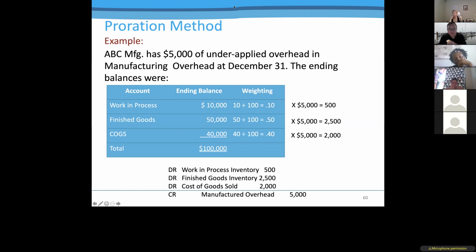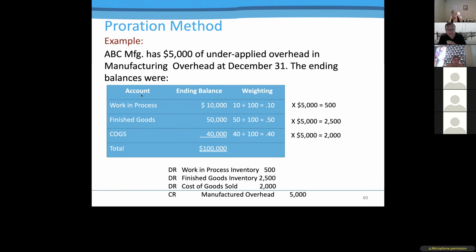No. So how did you get 10, 50, 40? 10, 50, 40. Okay. So here are the 3 accounts, right? Work in process, finished goods, and cost of goods sold. And at the end of the accounting period, they all have an ending balance for each account, right? So I'm going to sum them up to get a total number. And I want to understand each of the 3, what's the proportion of the ending balance.